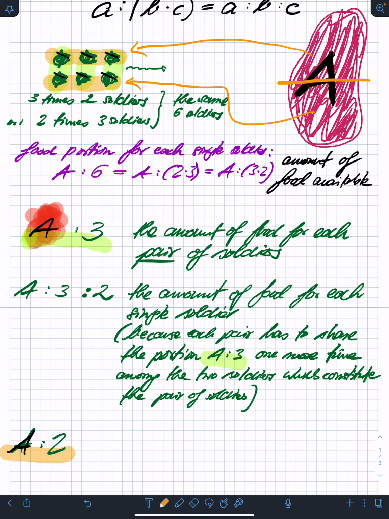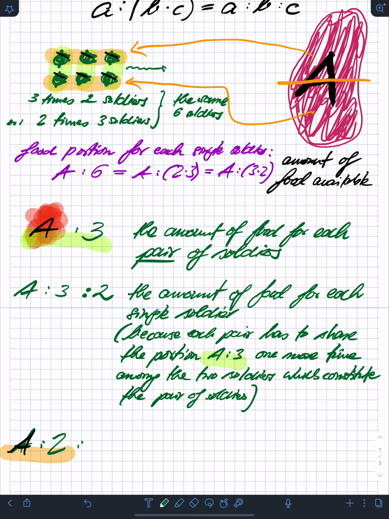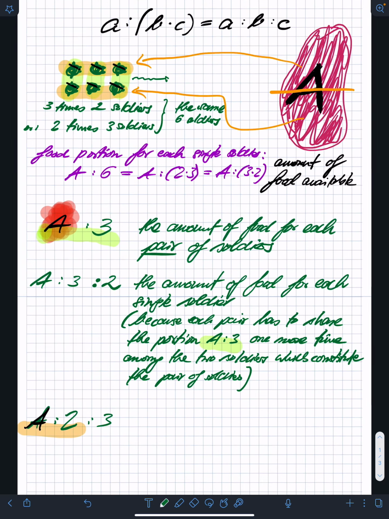And then one more time, each 3 soldiers have to share it among those 3. And it's all the time the same, which equals A divided by 6, or A divided by 2 and divided by 3, or A divided by 3 and divided by 2.